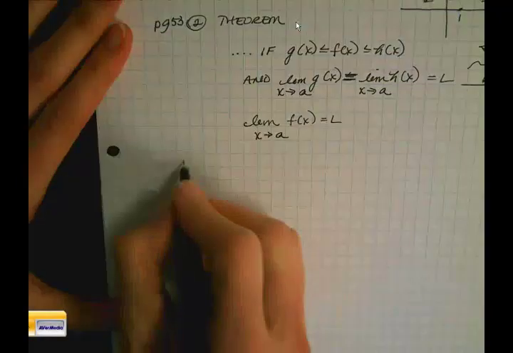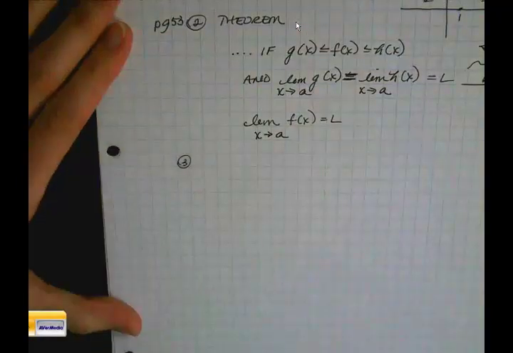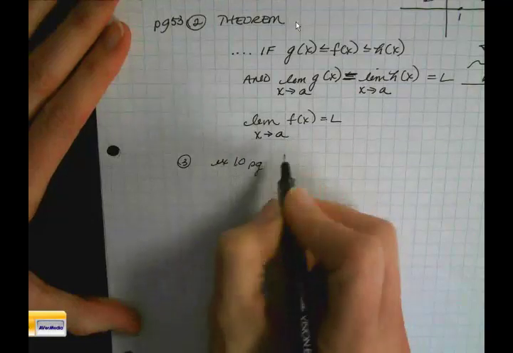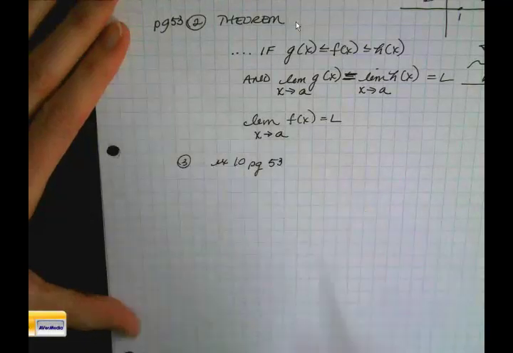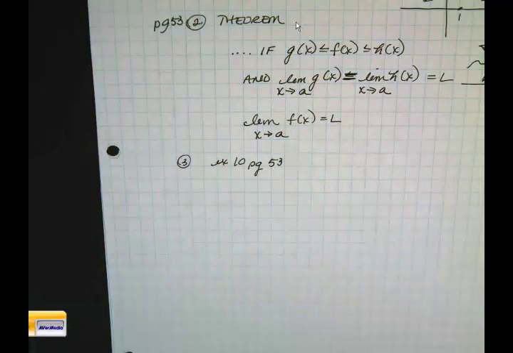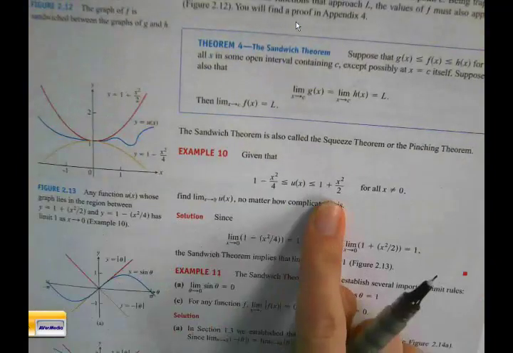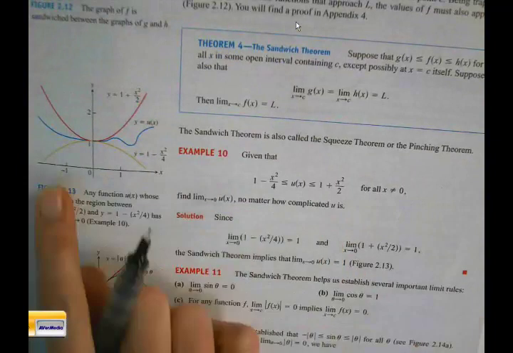Here is a really interesting example, and don't worry with how complex this stuff may look, because this is really easy to apply. Okay, look at this example 10. Look at these hideous functions. Look at this function, 1 minus x squared over 4 and 1 plus x squared over 2. I guess it's not that bad, but you get a common denominator. This is actually graphed.